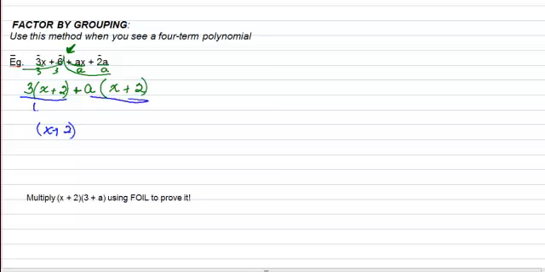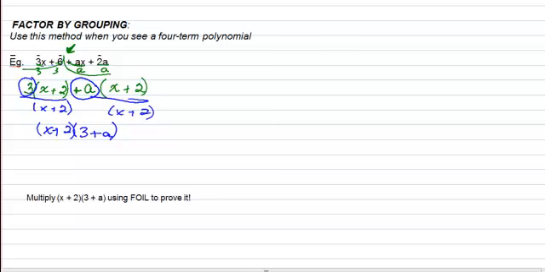So we're going to divide x plus 2 out. And then we take what's left over, which is our 3 and the a. So we do a 3 plus a. And you'll notice that I'm always dragging that sign with it. We can't just leave it.